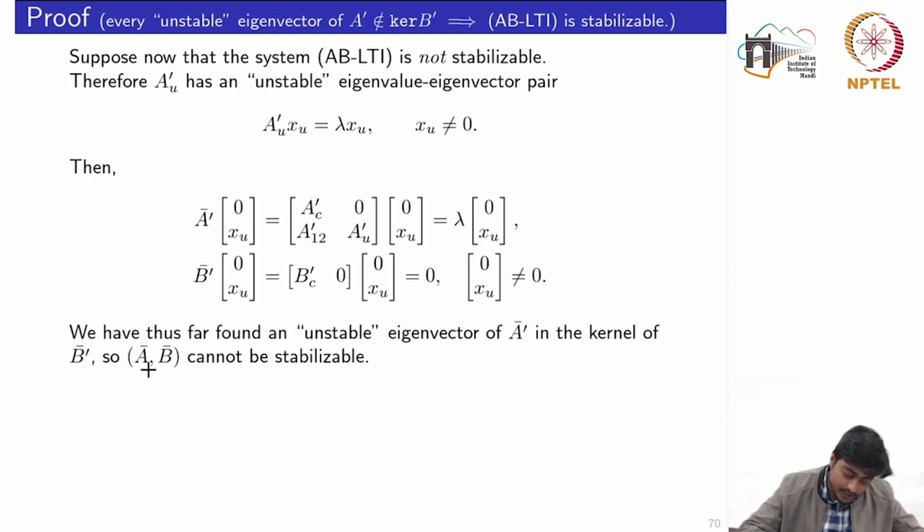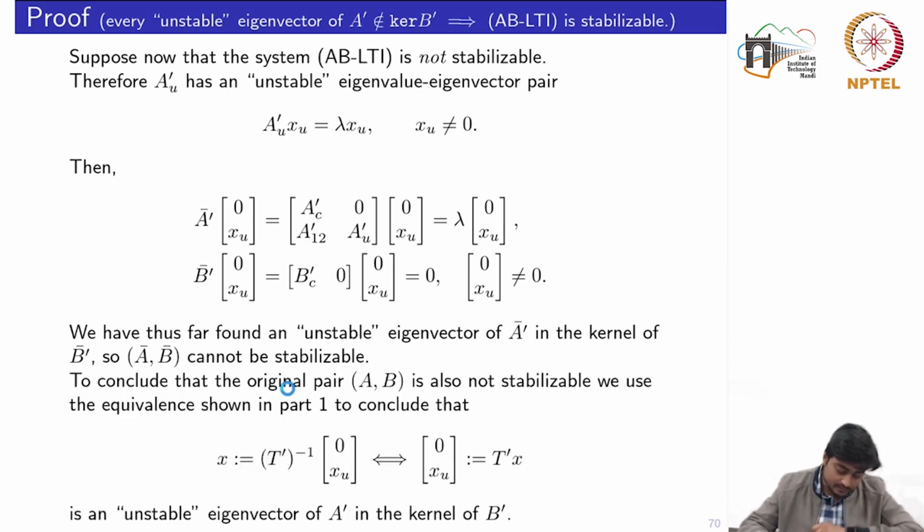So this pair A bar B bar cannot be stabilizable. Now since both these pairs AB and A bar B bar are algebraically equivalent, when we say that A bar B bar cannot be stabilizable, it implies that the pair AB is also not stabilizable. To conclude that the original pair AB is also not stabilizable, we use the equivalence shown in part 1.